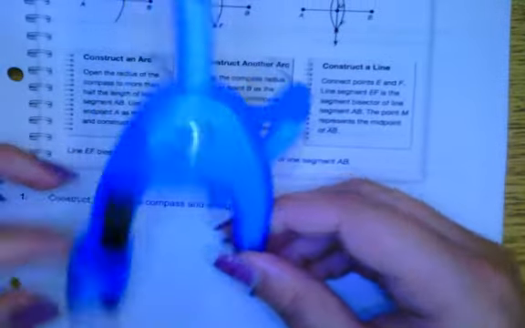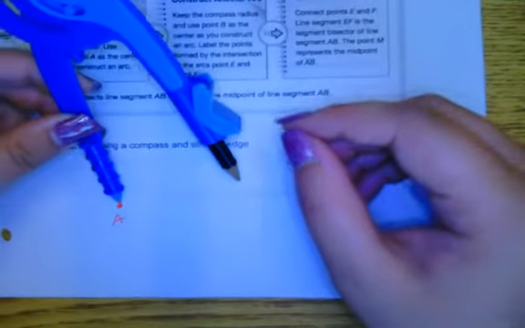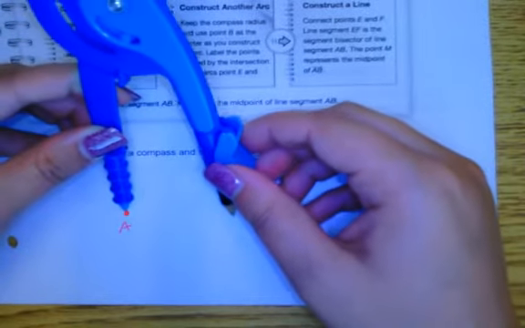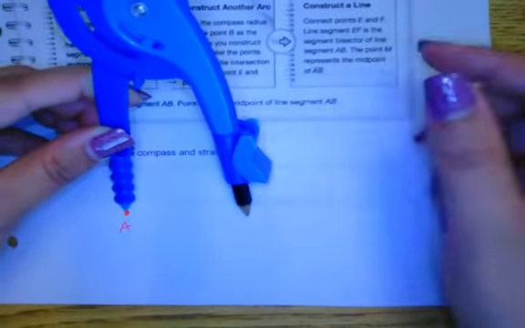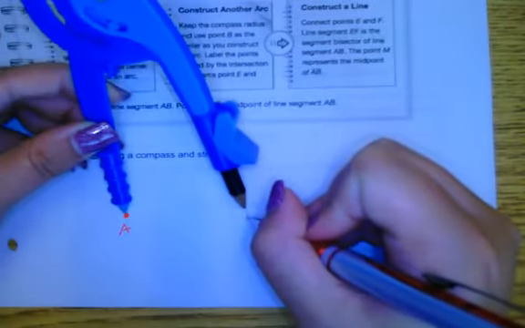Okay, so remember when you're constructing a segment, you start with a point. Then put your metal end or your non-pencil side on that point. Choose how big you want your segment to be. Like I said, I would keep it at like 2 inches. And then make a mark. Where you make the mark is where you're going to put your other point.